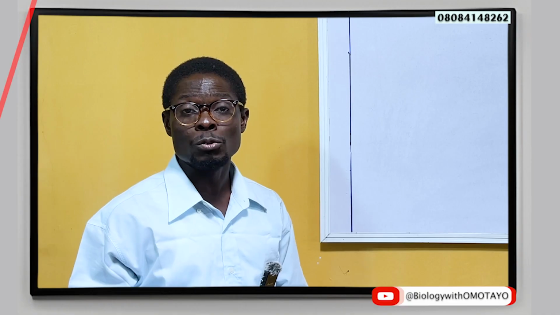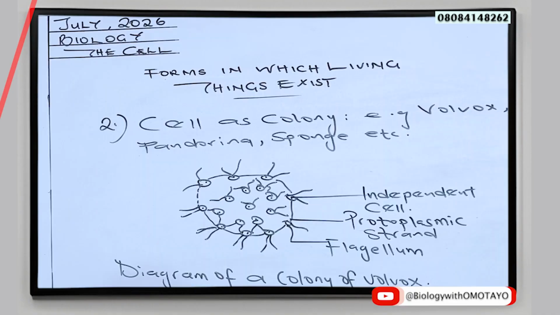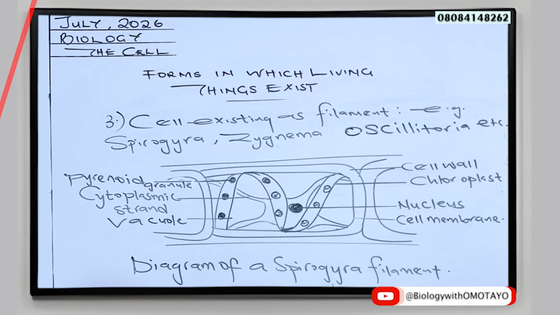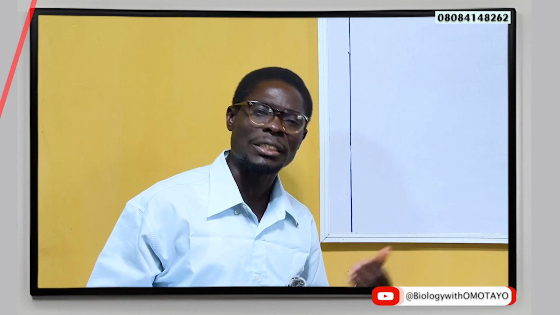Under cells existing as colony, we saw examples like sponges, volvox and pandorina. Under cells existing as filament, we saw spirogyra, zygnema, and oscillatoria, among several others. And that was where we paused the class last class contact.